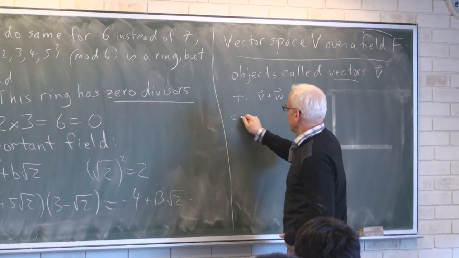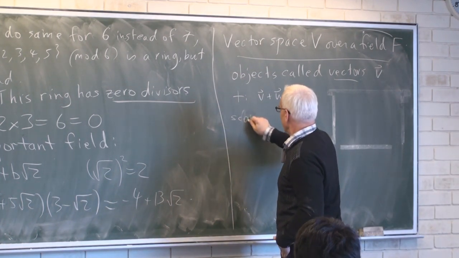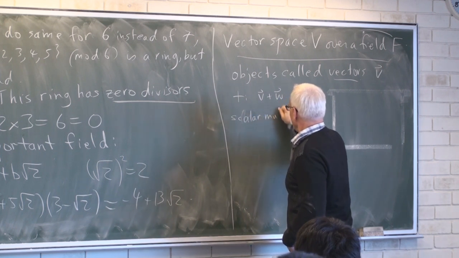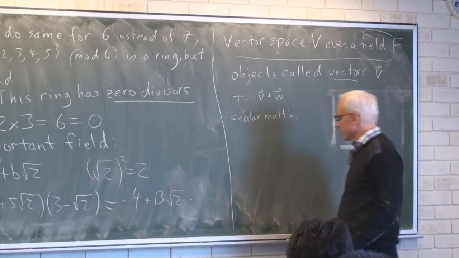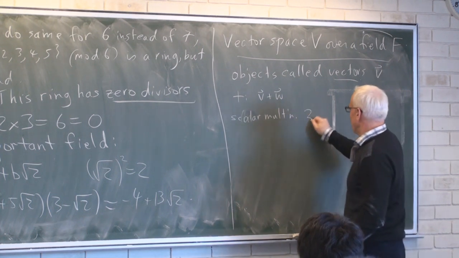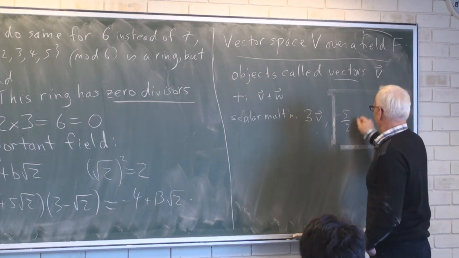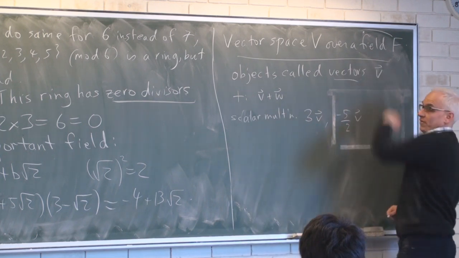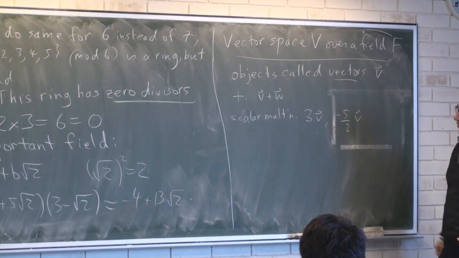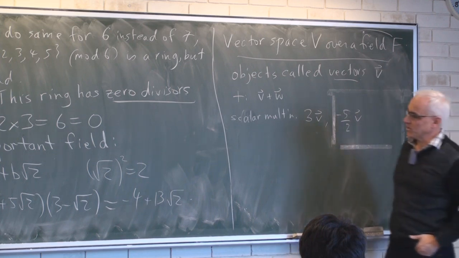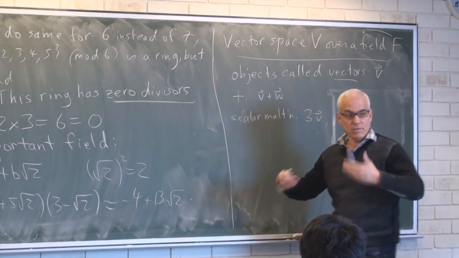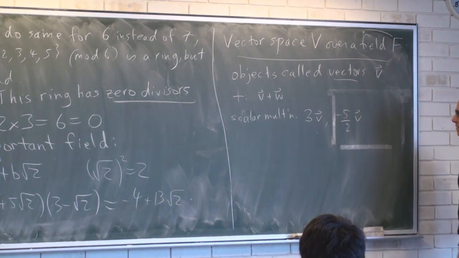So there's also a scalar multiplication. For example, we're allowed to talk about 3 times v, or minus 5 halves v, if our scalar field happened to be the rational numbers. But we could use any field. Once you have a field, you can talk about a vector space over that field.